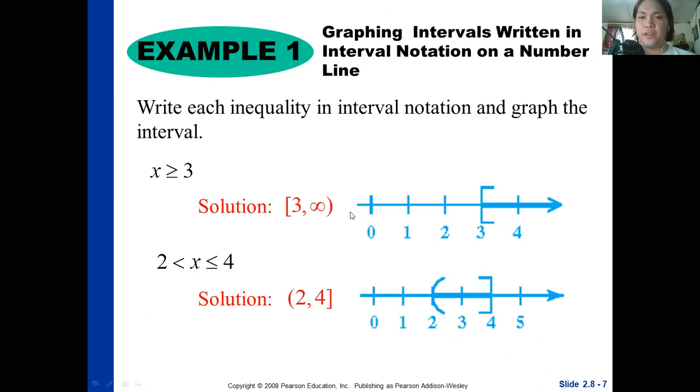Okay, in graphing, as you can see, this shows a pattern perhaps. Since x is greater than 2, or 2 is less than x, it goes to the right of the number line. And since x is less than or equal to 4, x goes to the left side of the number line.